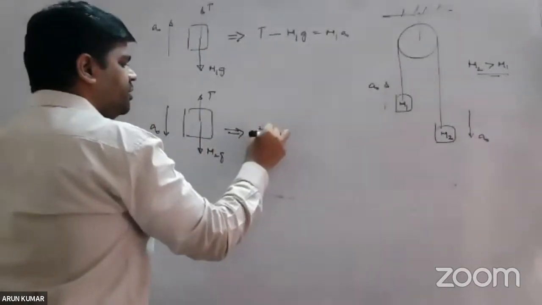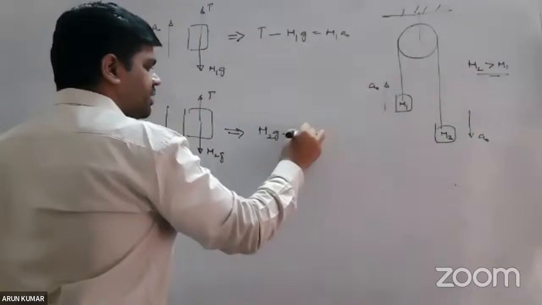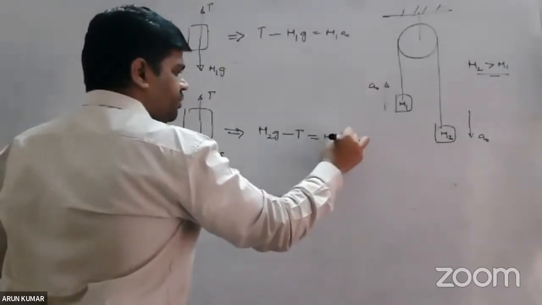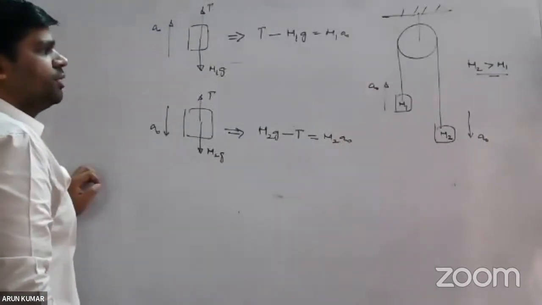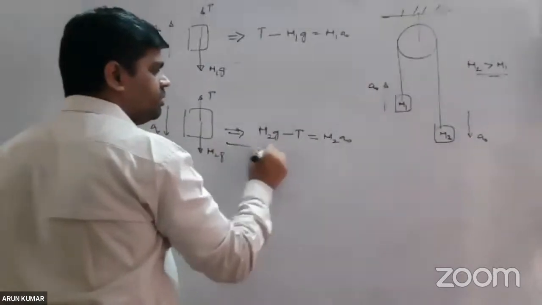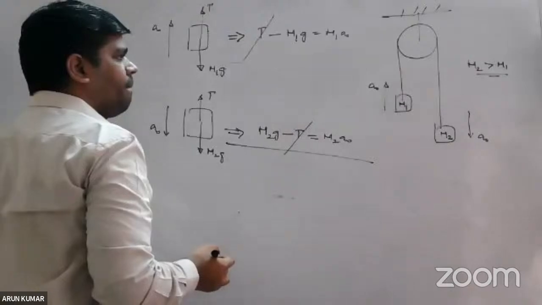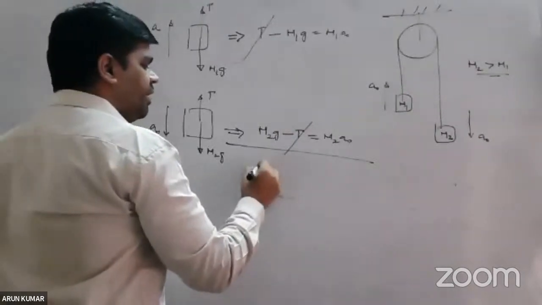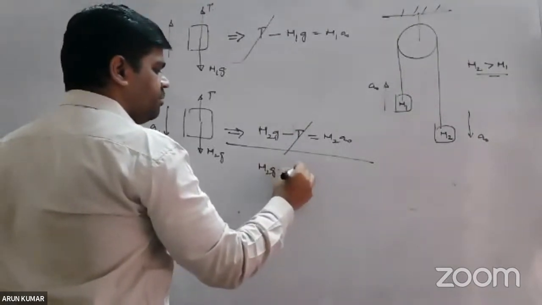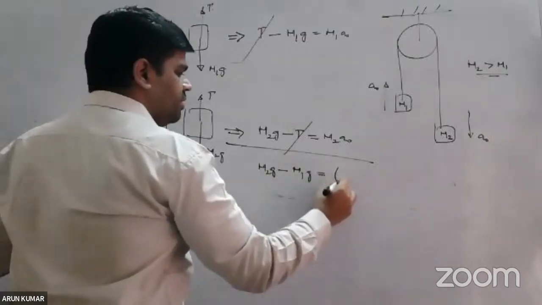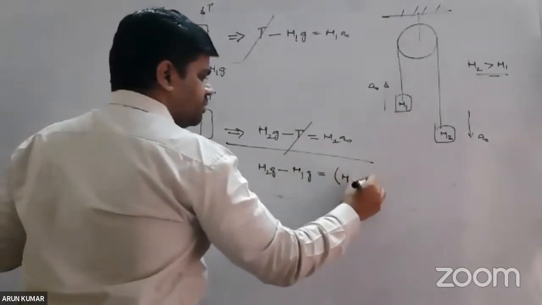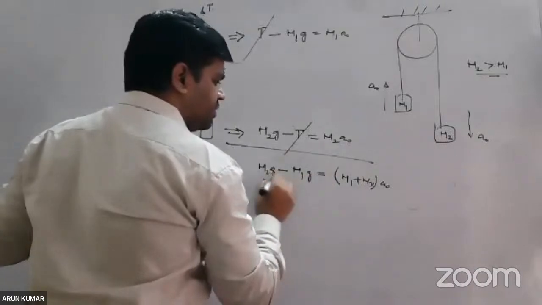So I'll write M2G minus T is equal to M2 into acceleration. Now, students, I'll add these two. So tension cancels out. I'll have M2G minus M1G is equal to total mass into acceleration.